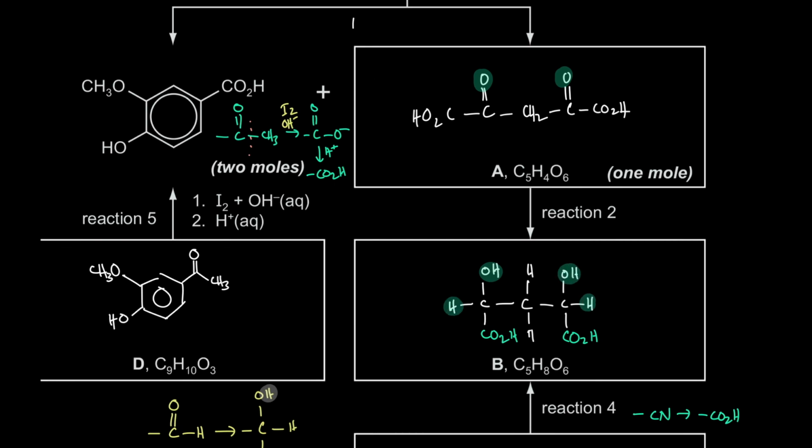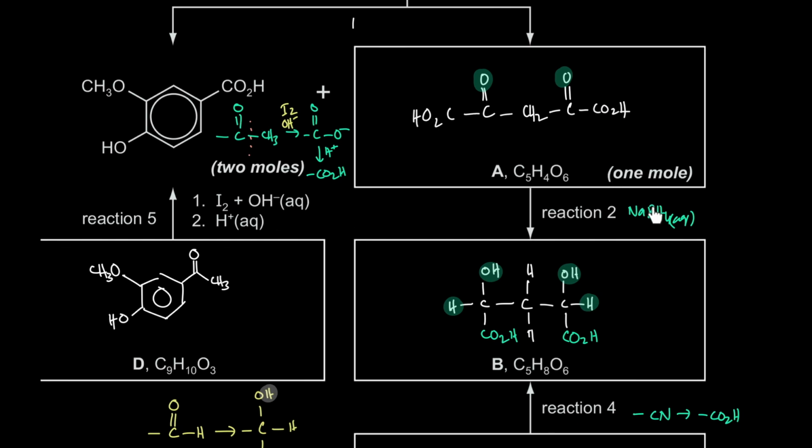So what reagent did we use for reaction 2 that ensured that we reduced the ketone but not the carboxylic acid? We can use aqueous sodium borohydride, NaBH4 aqueous. Remember, NaBH4 aqueous will reduce carbonyl compounds, but it will not reduce carboxylic acids.